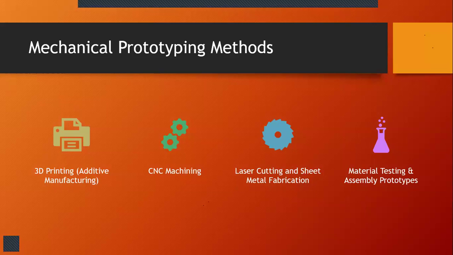But before that, I'll give you a brief idea about these other parts: CNC machine, laser cutting, sheet metal fabrication, material testing, and assembly prototypes. So we'll first have an understanding about these small areas.